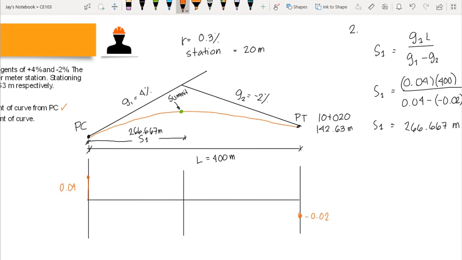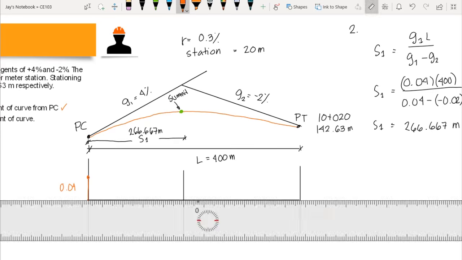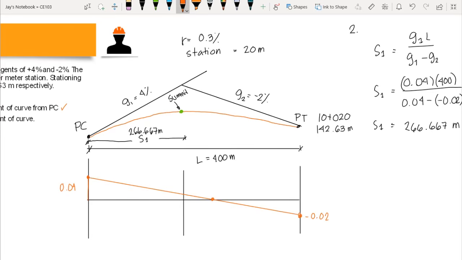Then we connect the points. Our highest point is basically at the point where we have 0 grade. So our goal here is to compute this length S1.